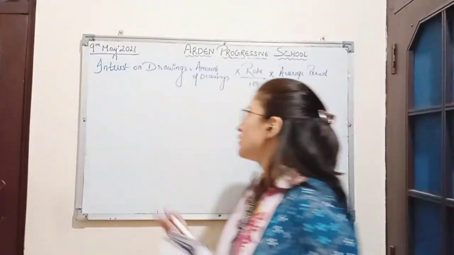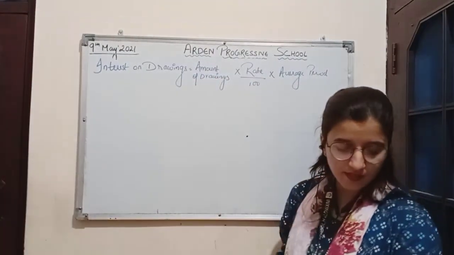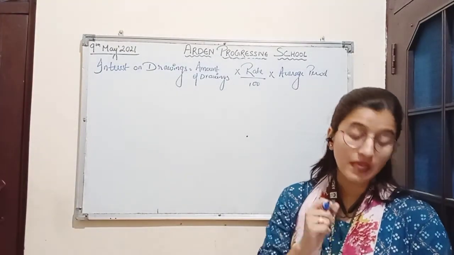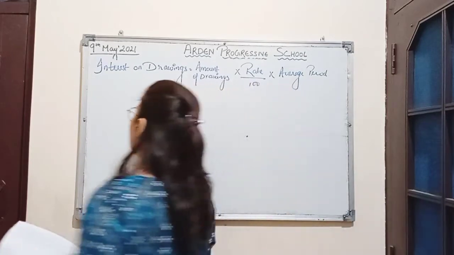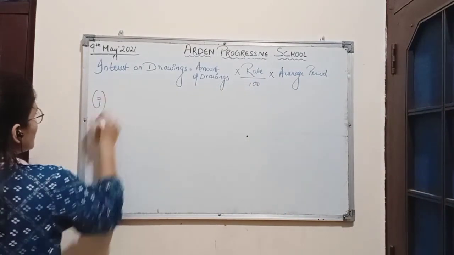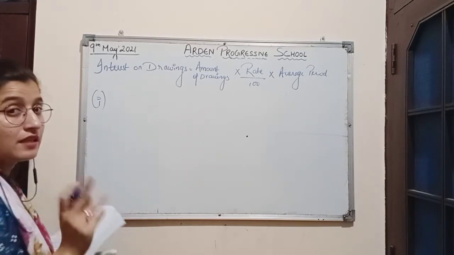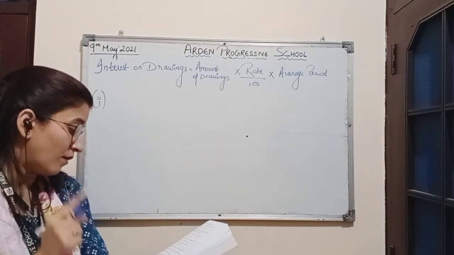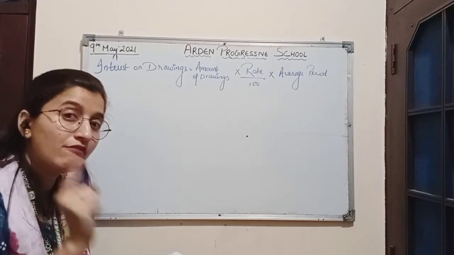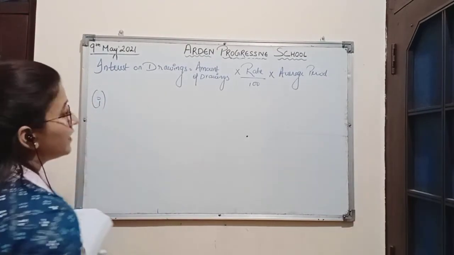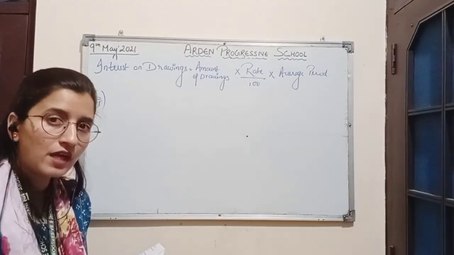So according to the question, the first case is A is withdrawing 10,000 from the firm in the beginning of every month. Every month he is withdrawing 10,000. So here we will be calculating the interest on drawings on an annual basis.